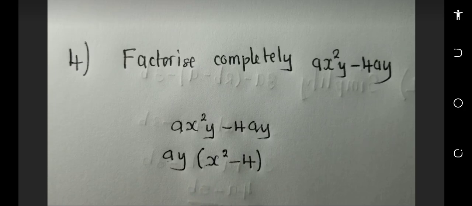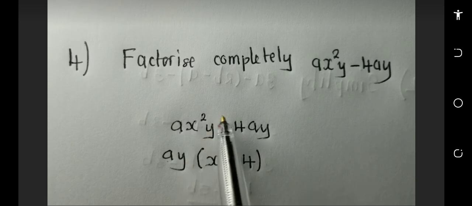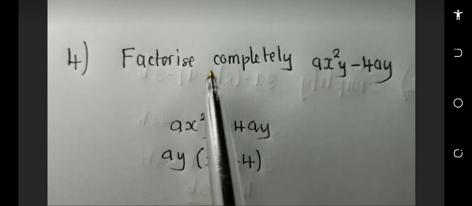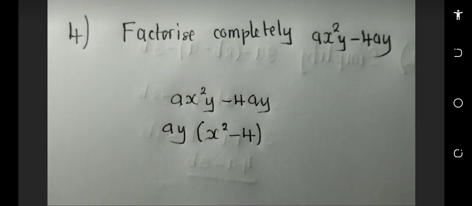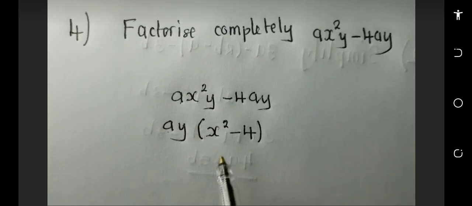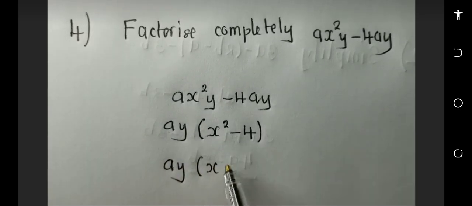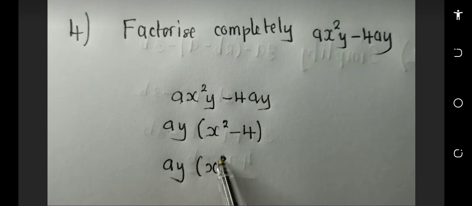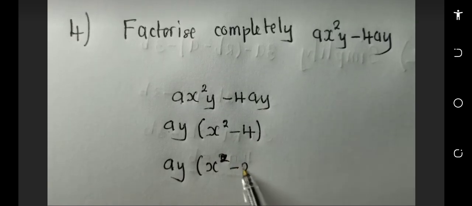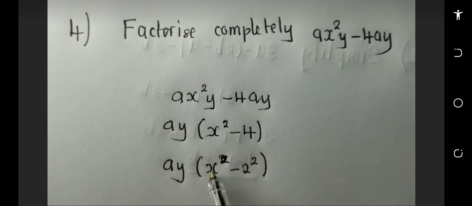So if we leave our answer like this, it means we are not done, because we need to factorize completely, meaning there is something that is pending that we need to finish. We have a, y, so this one will be x power 2 minus 2 power 2, of which we know that 2 power 2 is the same as 4 there.